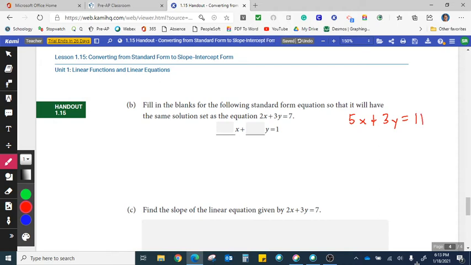I just made up a different one. What they're asking you to do is fill in the blanks for the following standard form equation so that it will have the same solution set as the equation 2x plus 3y equals 7. So the blanks go like this: some blank x plus blank y equals 1.